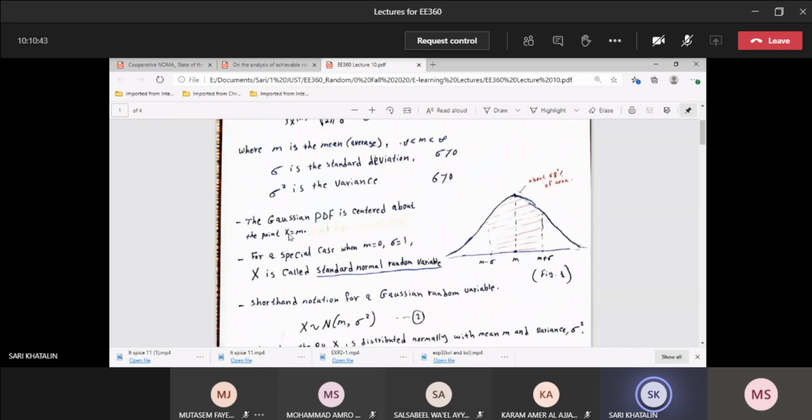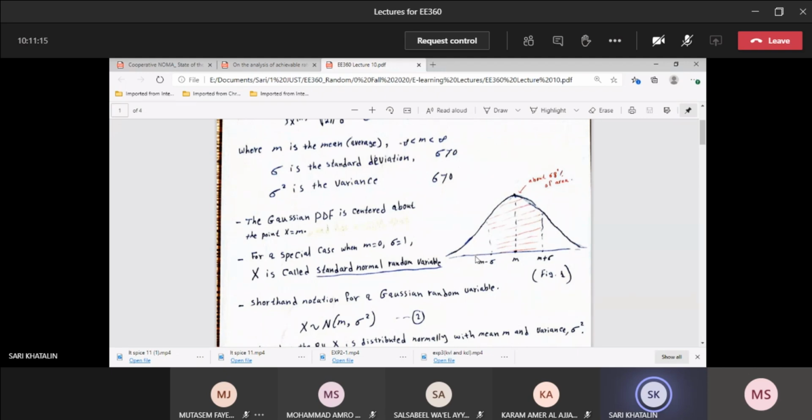Now, the Gaussian PDF is normally centered around x equal to m, around the average, as shown in Figure 1, and it's symmetric around m. As you can see here in red, the area between m minus sigma and m plus sigma represents almost 68% of the area under this curve.